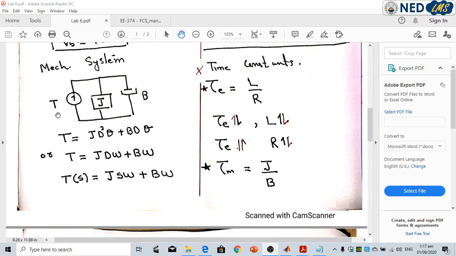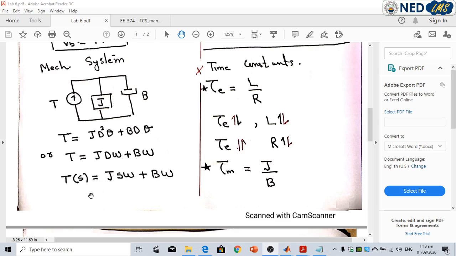We are able to develop its exact mathematical model, and here is the equation for this node, which is representing the displacement of the inertial element with respect to the reference point. In terms of angular velocity, here I have reduced the order of the derivative term. Therefore, T is equal to J d omega/dt plus B omega.